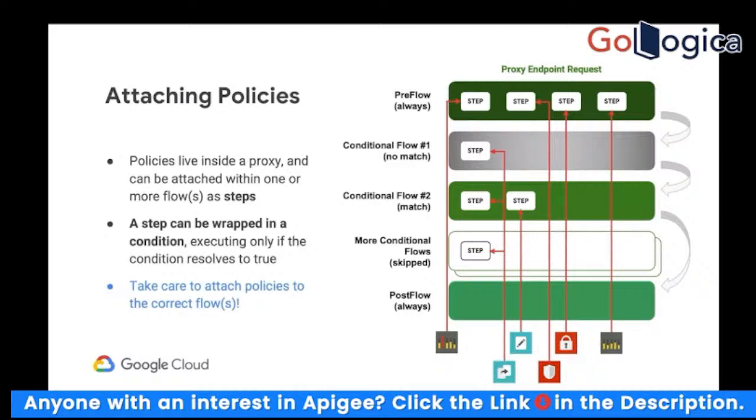Any transformations are usually either in the conditional flow or in the target section. So depending on the requirement, you can put them there. Again, applying the policies depends completely on the business requirement, and based on that only we put them.